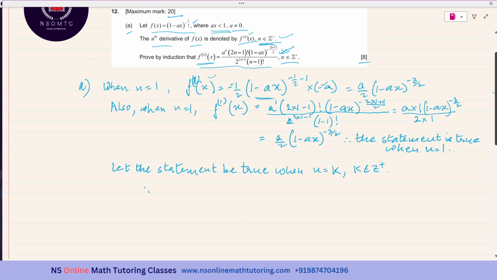Okay, therefore the kth derivative of f of x should be equal to a to the power of k times (2k minus 1) factorial times (1 minus ax) raised to the power of negative (2k plus 1) over 2, whole divided by 2 to the power of (2k minus 1) and (k minus 1) factorial.